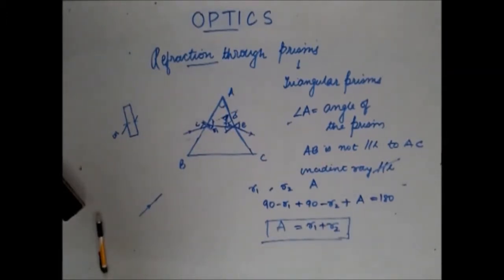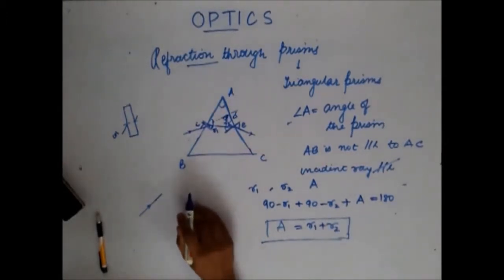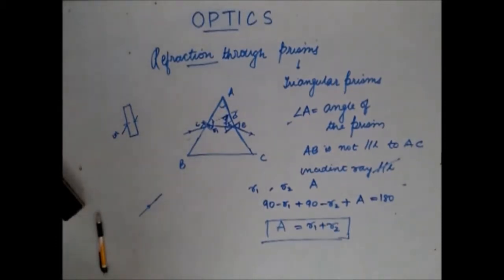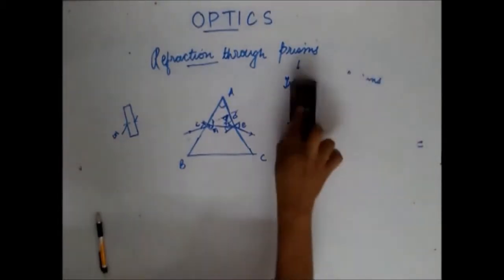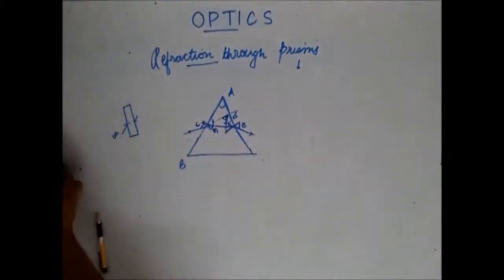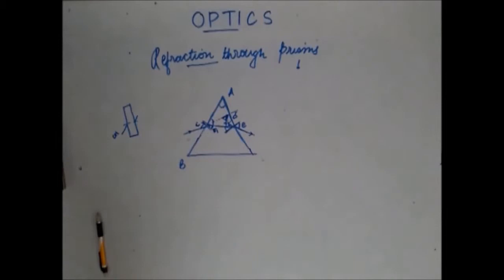Now let's move on to find what is the deviation occurring in a prism. Before we do that, let's first recall what deviation is.